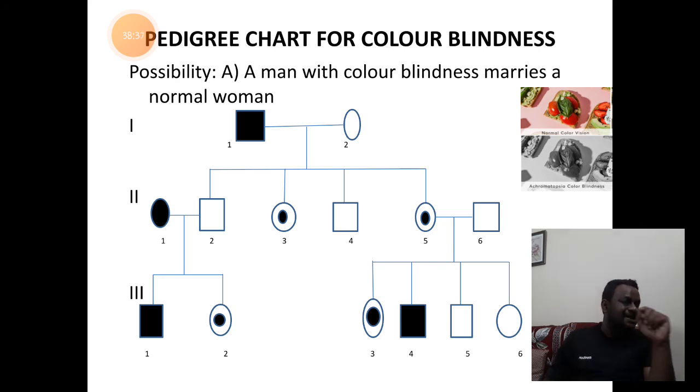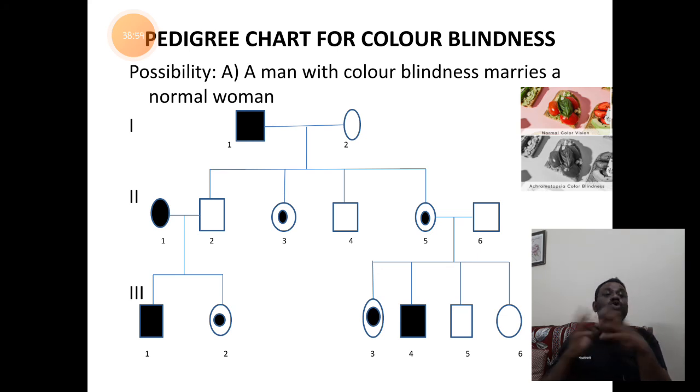What's the condition there? Both the daughters are normal. Of the 2 daughters, one is said to be normal, whereas the other is also said to be normal, but she is a carrier because she carries the affected gene in her.